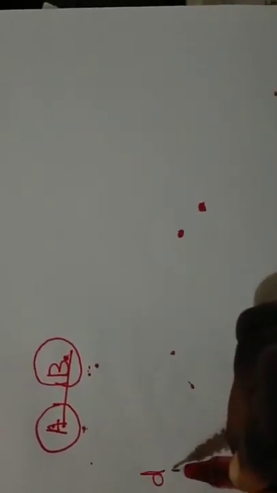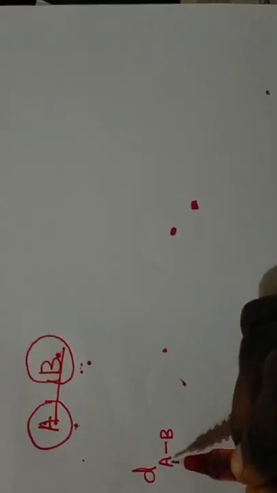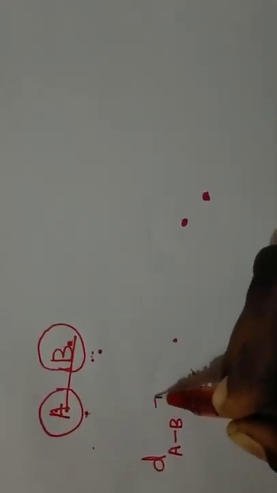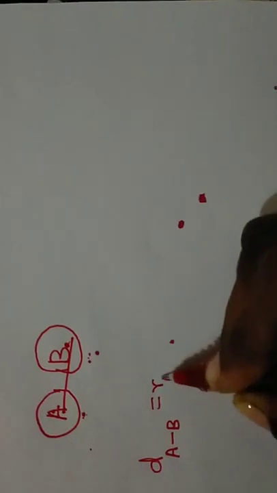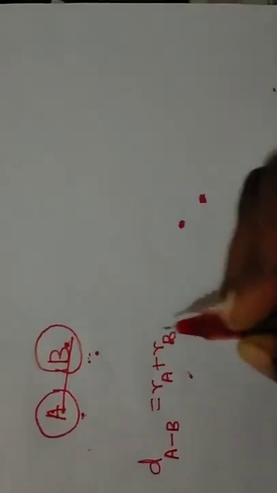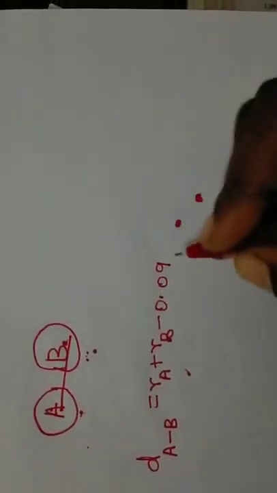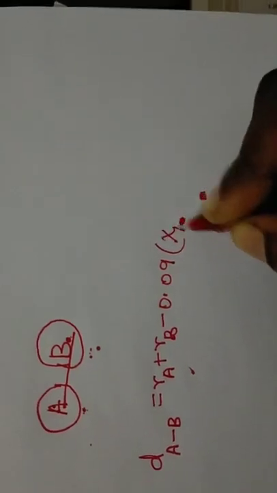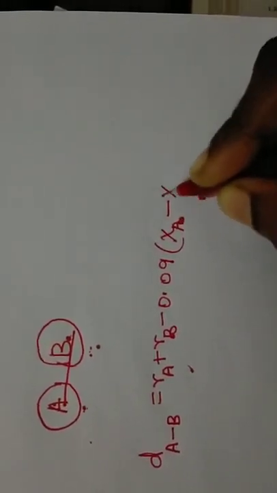Here we have one formula for calculating the internuclear distance between two different atoms like A and B, that is D_AB equal to RA, radius of A, plus radius of B, minus 0.09 into XA minus XB.